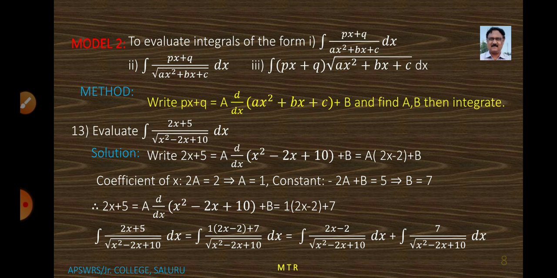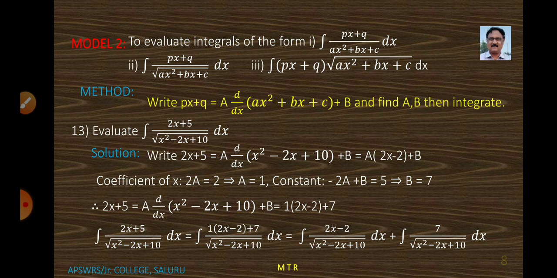But in model 2, we write px plus q equal to capital A into the derivative of the quadratic expression ax square plus bx plus c, plus capital B. Here capital A and capital B are constants. Find the values of A and B. Next apply model 1 or the previous methods.